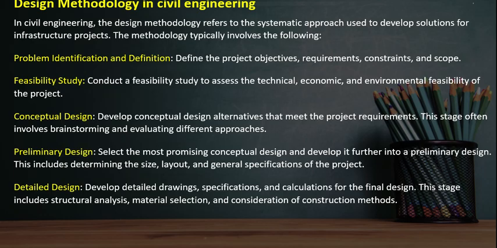These are technical. This is technical feasibility. Economic feasibility: how much cost it will have. Another aspect is that economics is not only about cost. Economics is also about benefits.